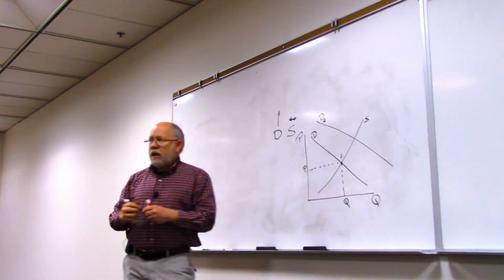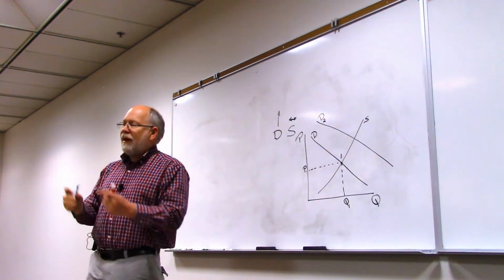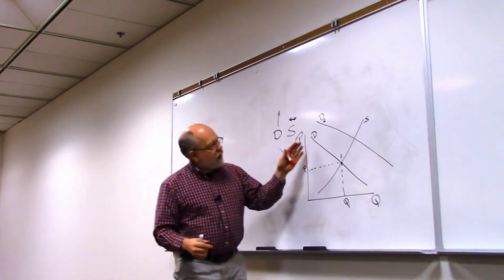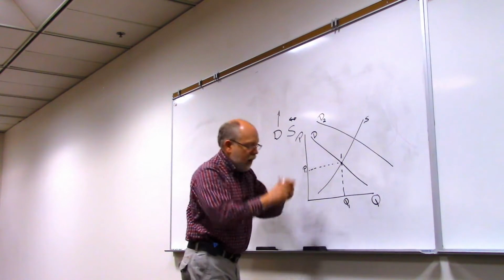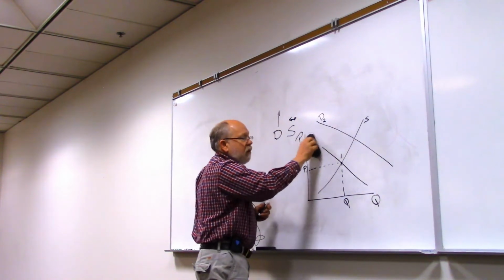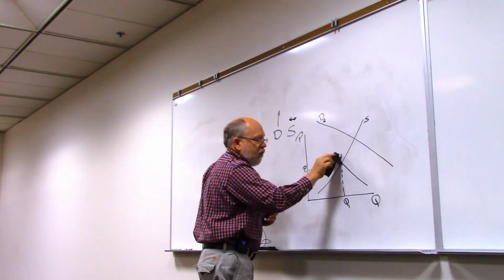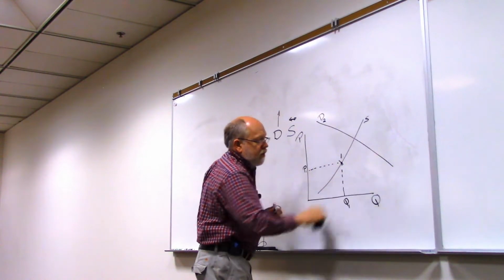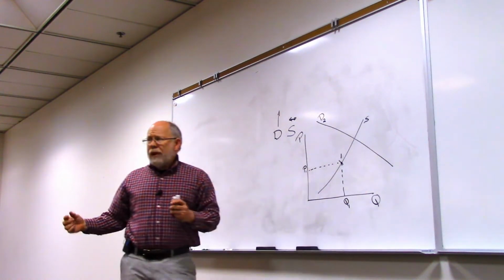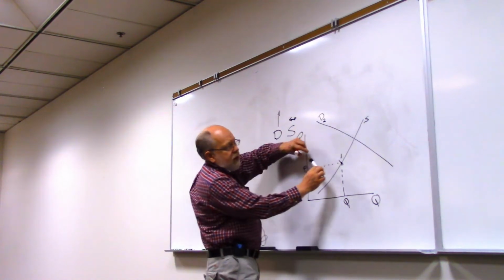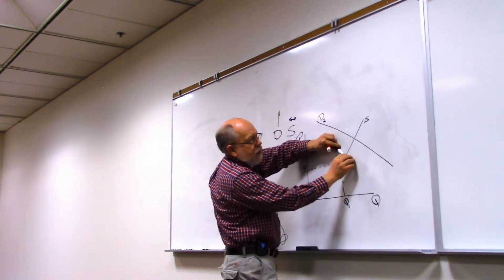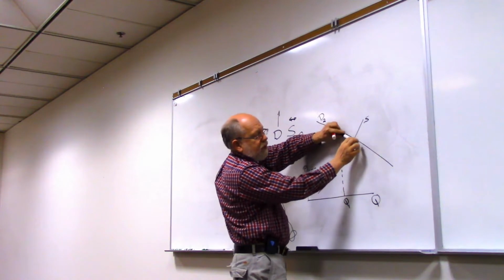Now remember, we can only have a demand curve at one place at a time, and so in our mind's eye, this D is now gone because it moved to the right. It increased, so I'm even going to erase it. I'll leave this little thing here, but I'm going to erase it because we have a new equilibrium point. When demand increased, this demand curve moved up, the intersection moved up the supply curve.